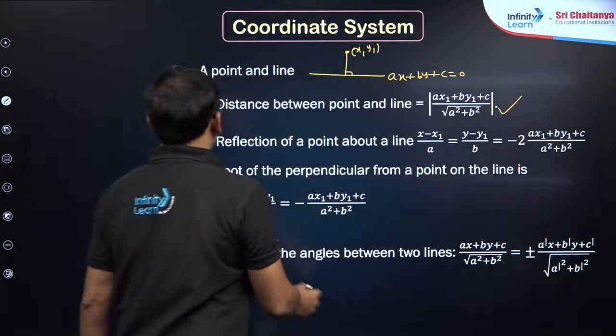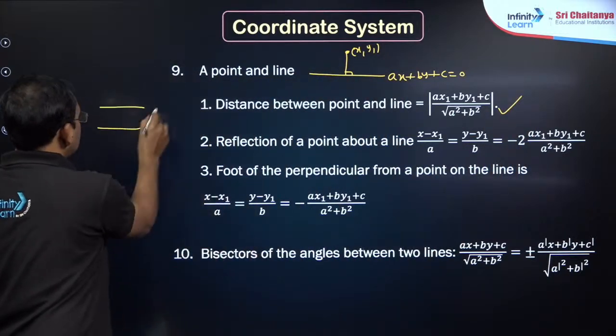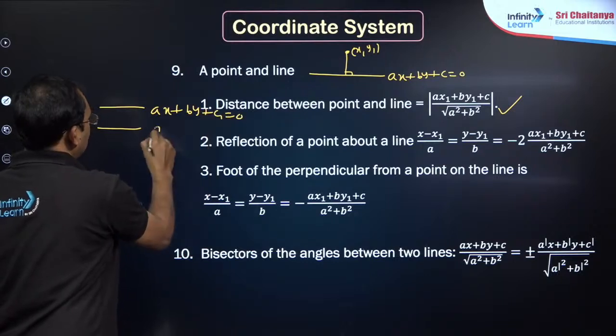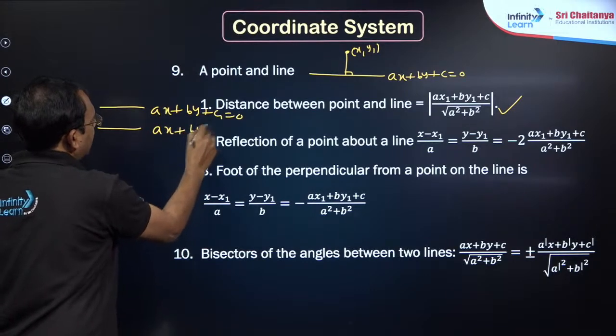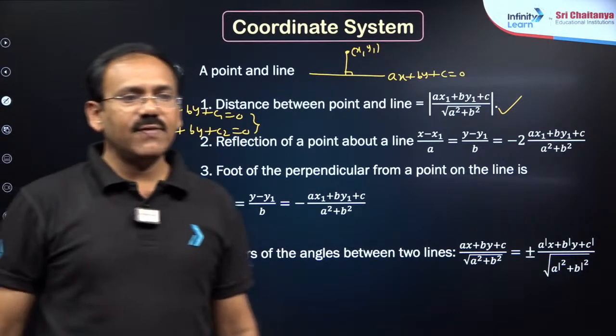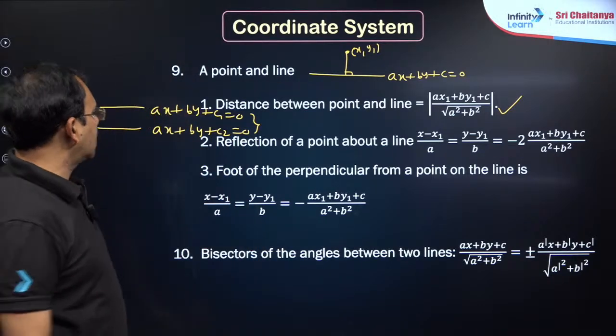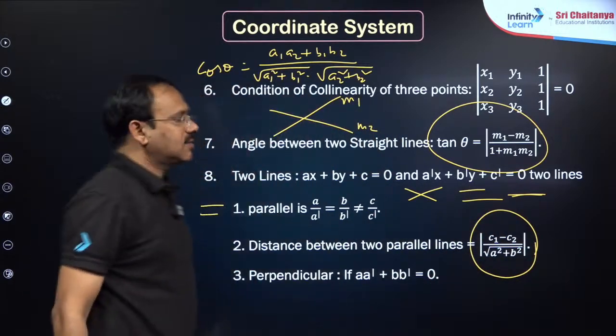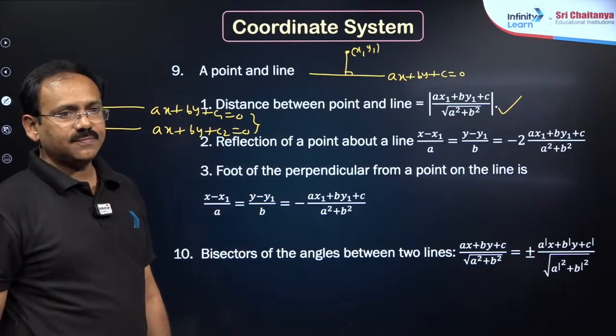If you are given two parallel lines, ax plus by plus c1 equals 0 and ax plus by plus c2 equals 0, the distance between them is modulus of (c1 minus c2) by root of (a square plus b square), which is written here. Actually after this that formula comes.